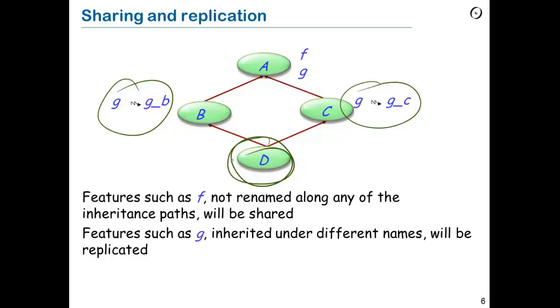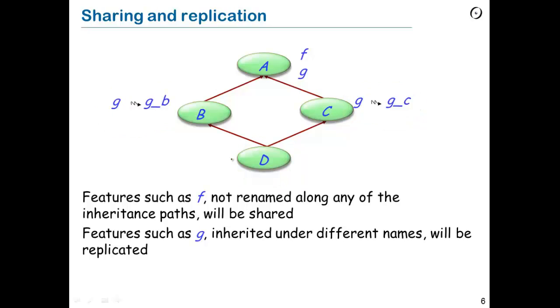And here the answer follows directly from the principle that I've emphasized a few times, the principle that there is a mapping between feature names and features. So one feature name, one feature. As a consequence, F, which has not been renamed, only has one name in D, and so it's going to be one feature.